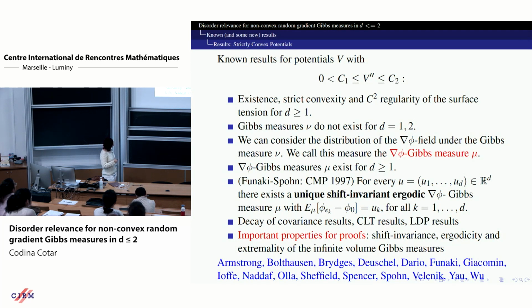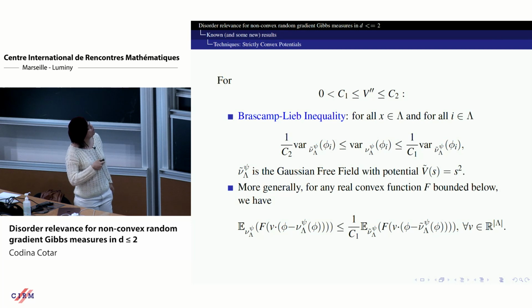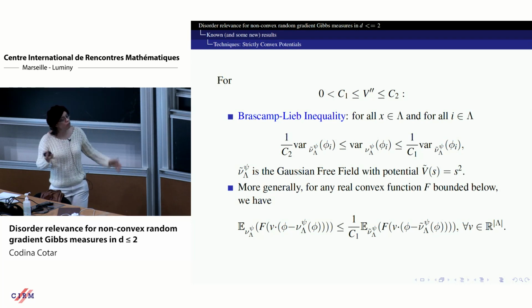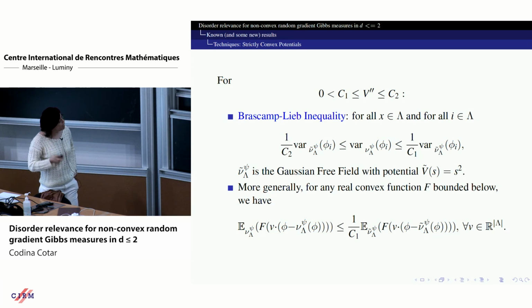This is a number of properties that people look at with respect to such systems. Now, if I am in the universality class of the Gaussian free field, so if I have this assumption, there are a number of useful tools that people have. One such tool, as Marek also mentioned on Tuesday, is the Brascamp-Lieb inequality.